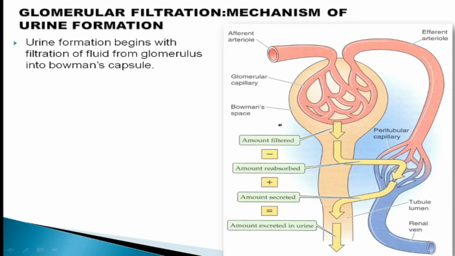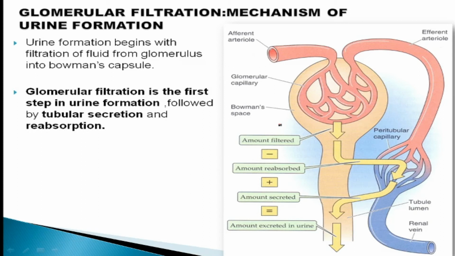Now, finally, moving on to the mechanism of urine formation, as I already told you, the first step is glomerular filtration. This step starts in the glomerulus, which has a total diameter of about 200 micrometers, and the total surface area of the glomerulus across which the filtration takes place is about 0.8 square meters.